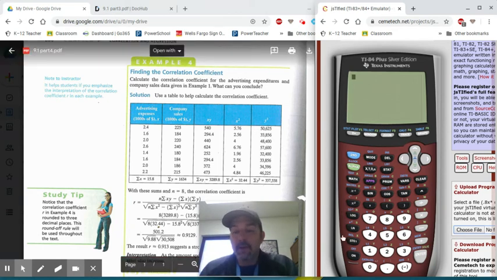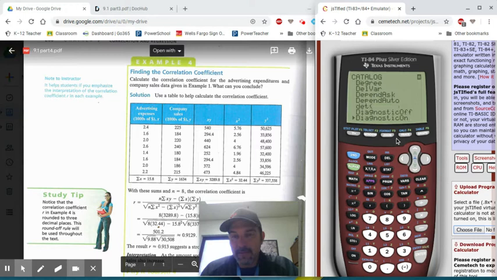So let's take a look at what we have to do. The first thing I have to do, and you're going to want to pay attention to this, is come down to second zero. I have to go to catalog, and I'm going to scroll all the way down to the D section. I have to get to diagnostics and turn those on, or else what we're going to do is not going to give you the correlation coefficient, and you're going to be all sad and whatnot.